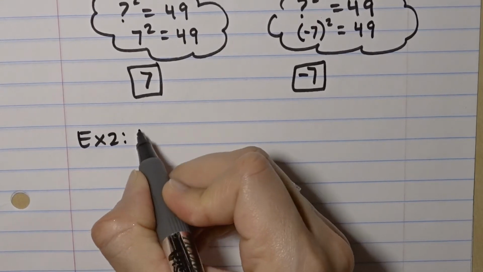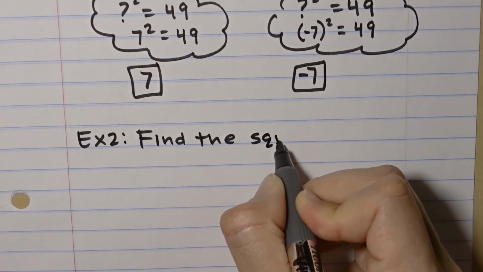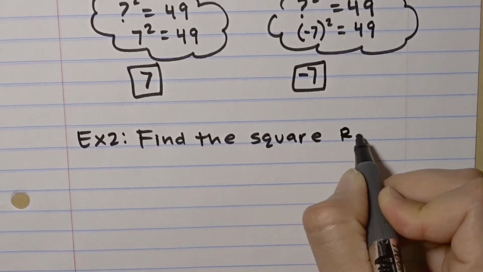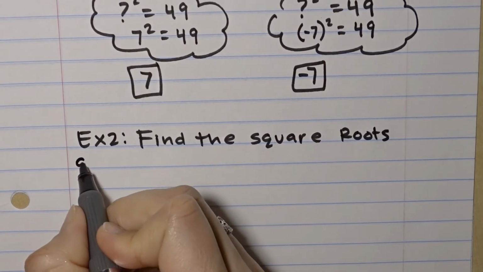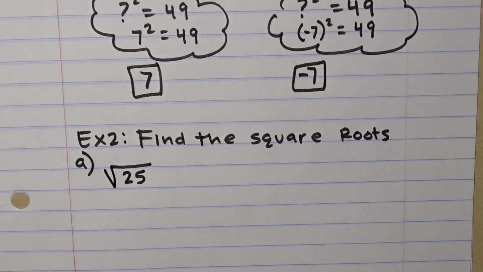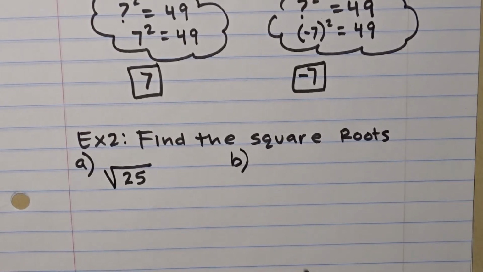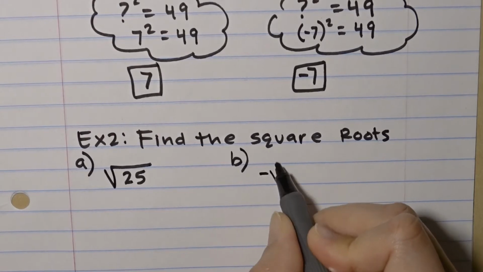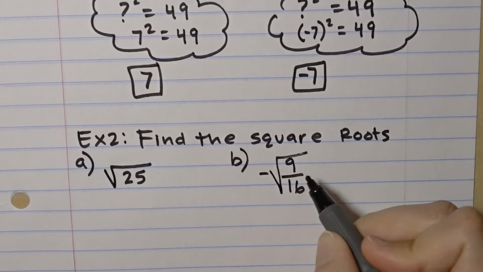Find the square roots. So first one, we'll make this example 2a. Square root of 25. Example B. The negative square root of 9 over 16.